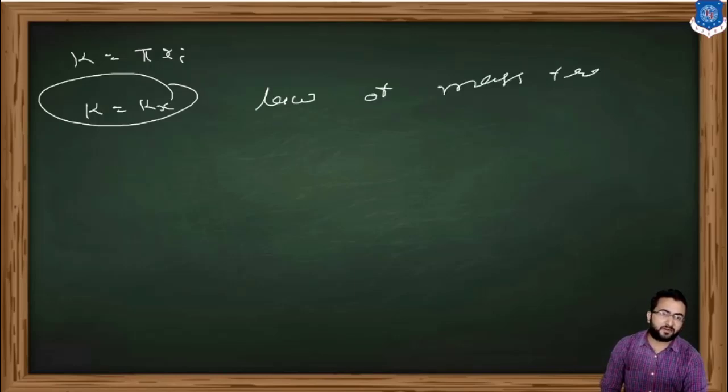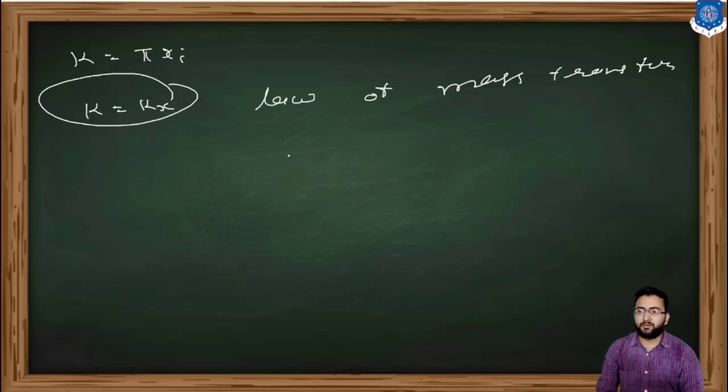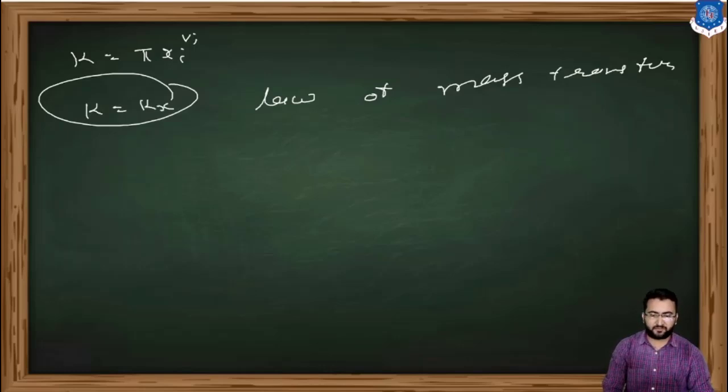So K is equal to Kx, which is known as the law of mass action. In other terms, we can write K as K gamma into Kx, where K gamma is equal to pi of gamma I, whole raised to Vi. Similarly, Kx is pi of Xi, whole raised to Vi. Vi is the stoichiometric number, so K is equal to Kx, known as the law of mass action.